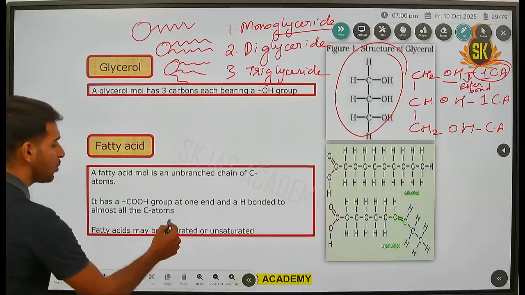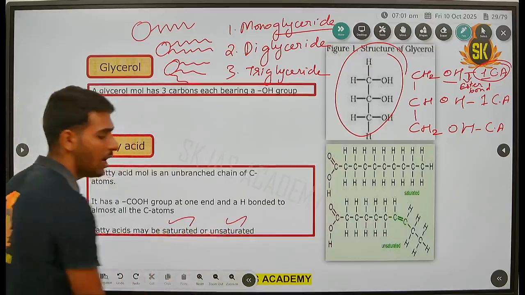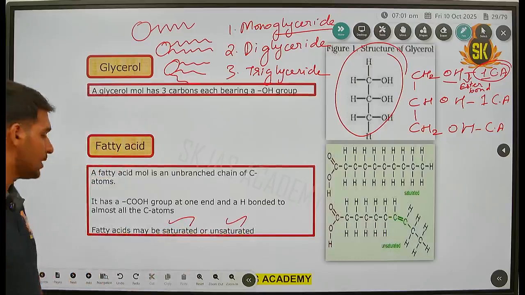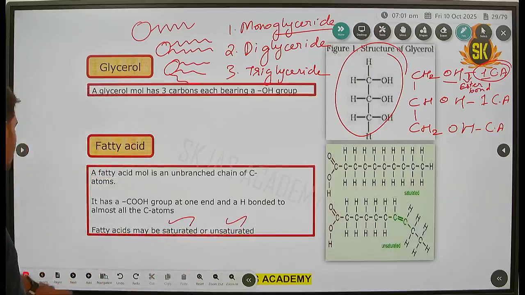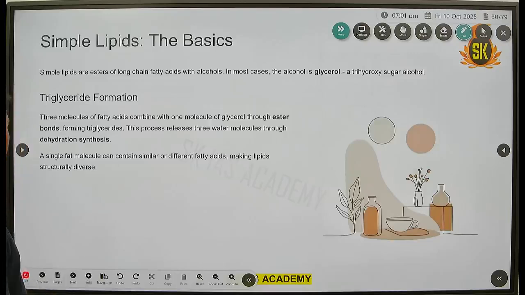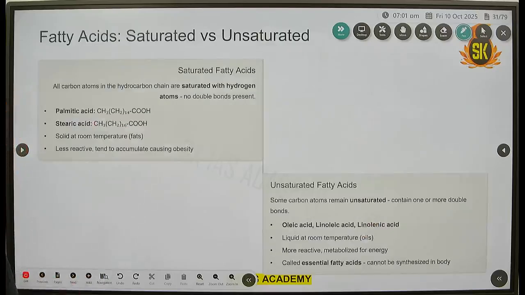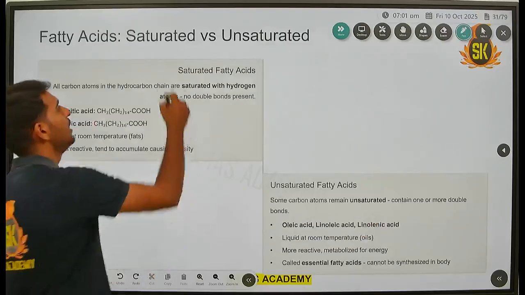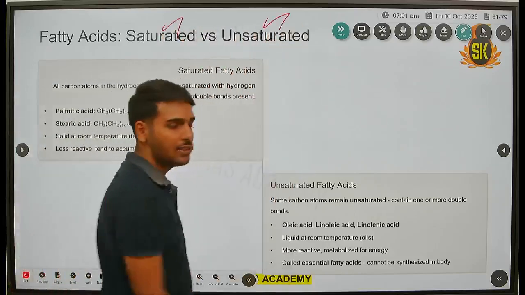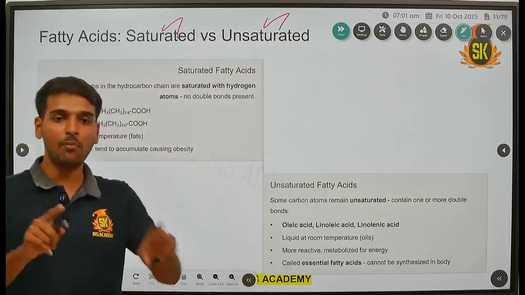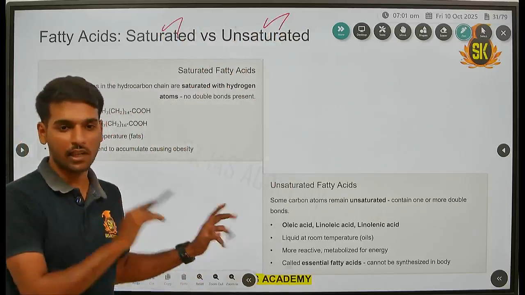Now fatty acid could be a saturated or an unsaturated fatty acid. Now let us understand them in more detail. Triglyceride we have understood, how it is formed. So fatty acid, saturated versus unsaturated fatty acid, very important because the examples are important.